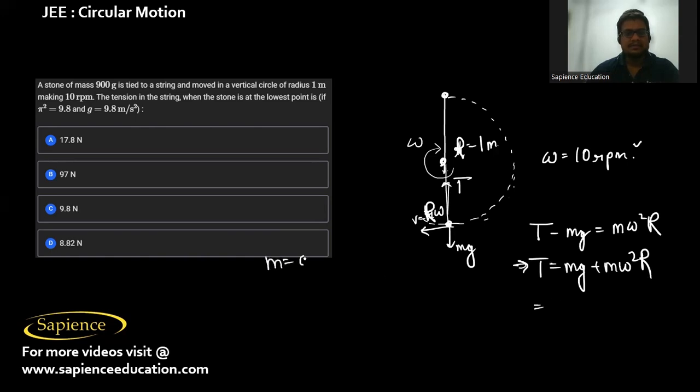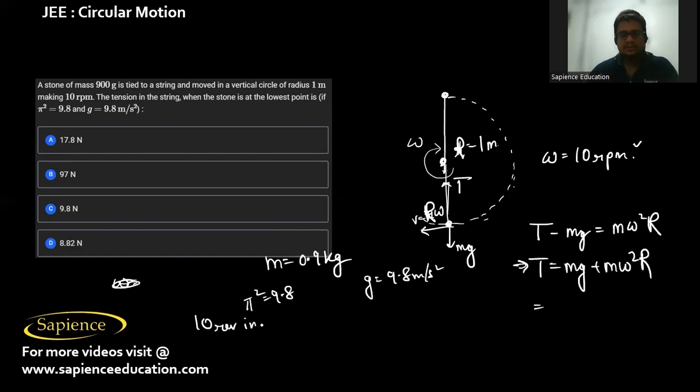Mass m is given as 0.9 kg and g is 9.8 meter per second square, and pi square we can take as 9.8 also. So omega is 10 rpm, so 10 revolutions in 1 minute, that is in 60 seconds.